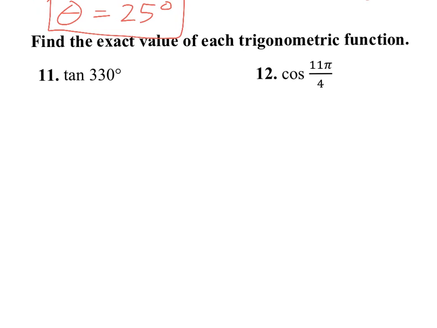Okay, and now we're going to use what we've learned this entire chapter to find an exact value of a trig function. Okay, so you start with a rough sketch of the angle. 90, 180, 270, 60 more is 330. Now I draw the triangle.